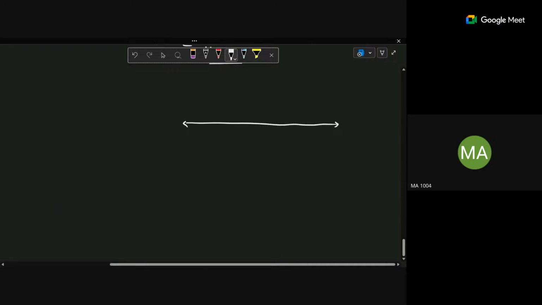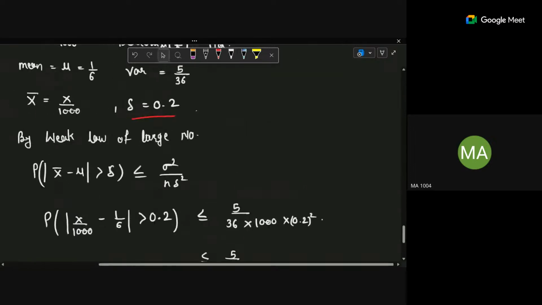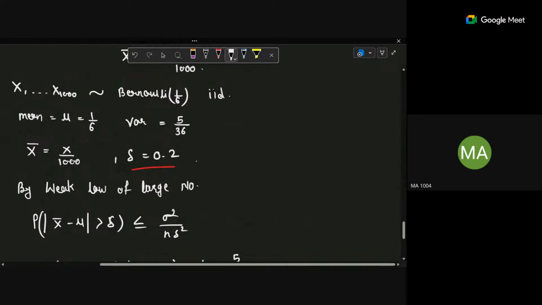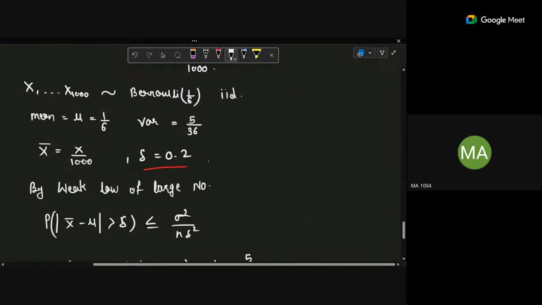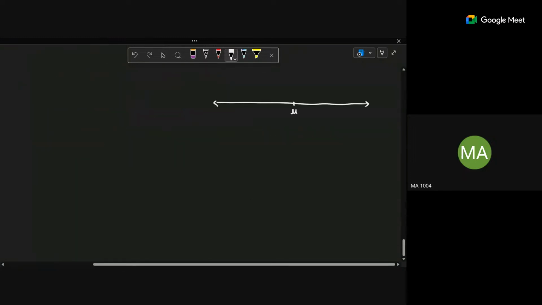You don't know what your random variable's distribution is, so you want to calculate that. Let's say this is the mean of this Bernoulli random variable. I will relate this with this question. So remember, you have 1000 random variables which are following Bernoulli distribution with mean 1 by 6. So your mean is 1 by 6 and the mean is here. And what was your X bar, the sample mean?